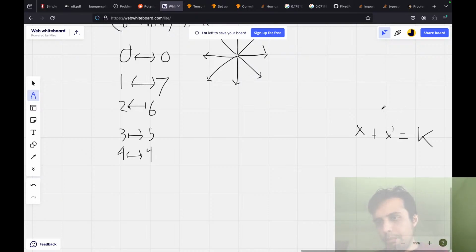If you have a plus b, a very simple property, equals b plus a, right? Let's use this and apply it to that. We flip these, and this gives you x prime plus x equals k, right? So if you were to let x equal x prime and let x prime equal x, because of this.